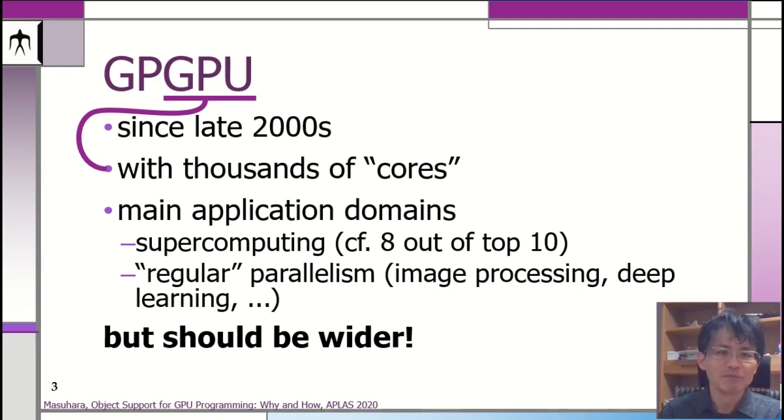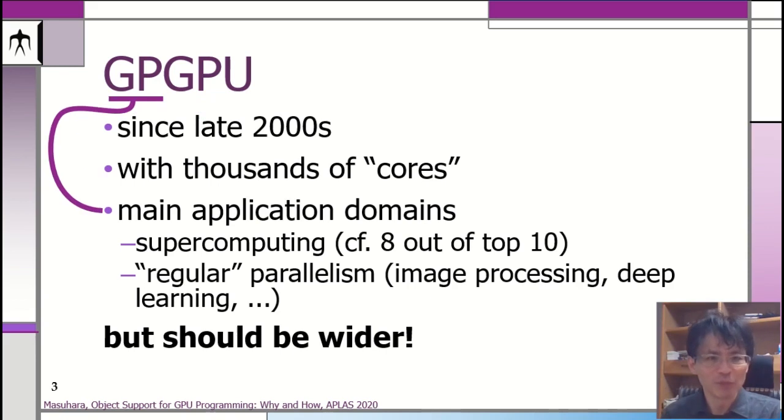The general purpose computing part means computation other than drawing graphics. Currently the main application domains are supercomputing. For example, 8 out of the top 10 fastest supercomputers are actually using GPUs.